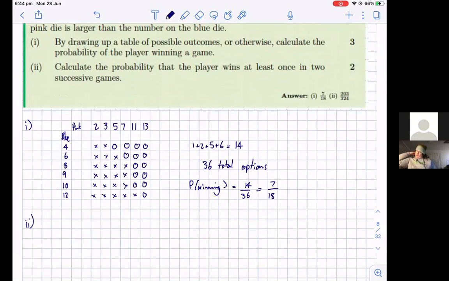Calculate the probability that they win at least once in 2 successive games. Winning at least once is the opposite of not winning at all.